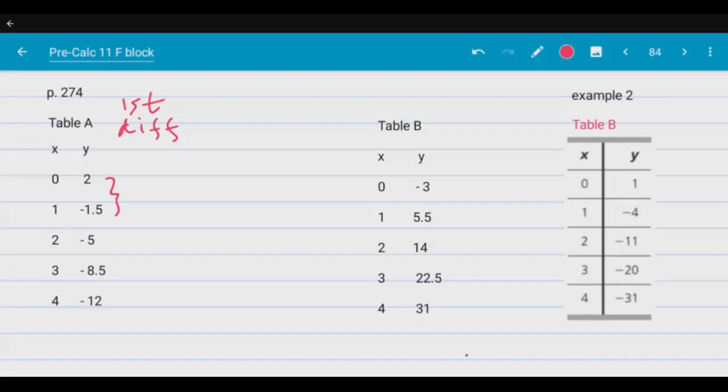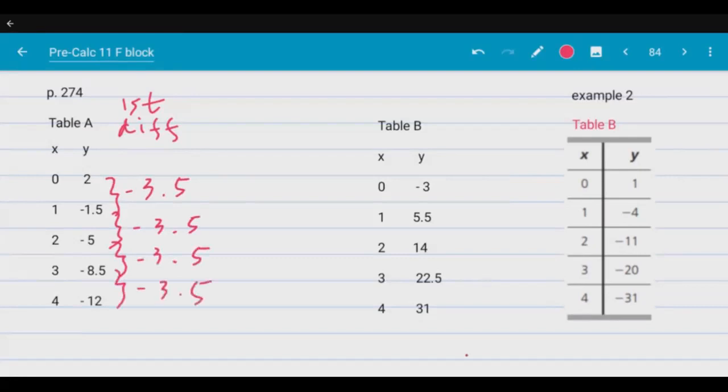You start with 2, it became -1.5. I think you subtracted 3.5, right? What about from -1.5 to -5? That's -3.5 again. And from -5 to -8.5, -3.5 again. And -8.5 to -12, that's -3.5 again.